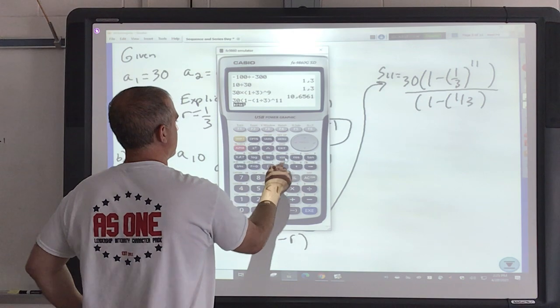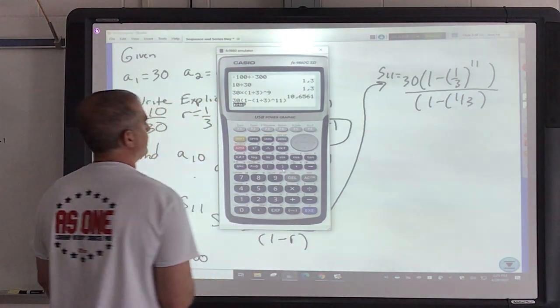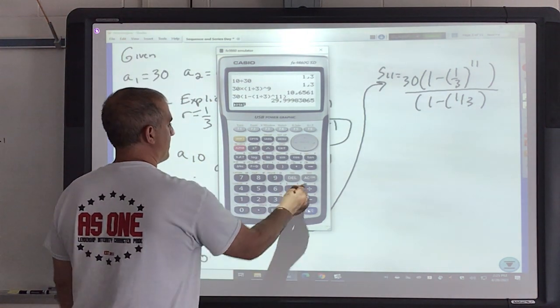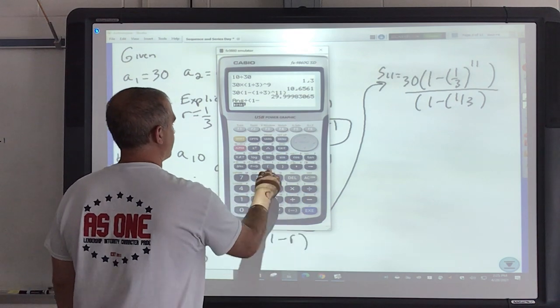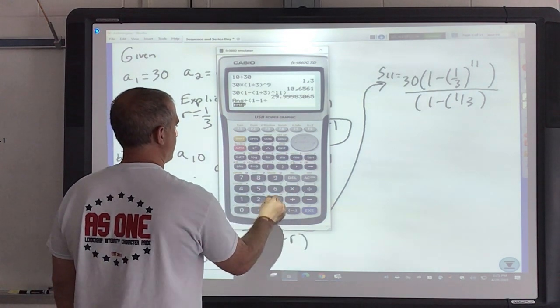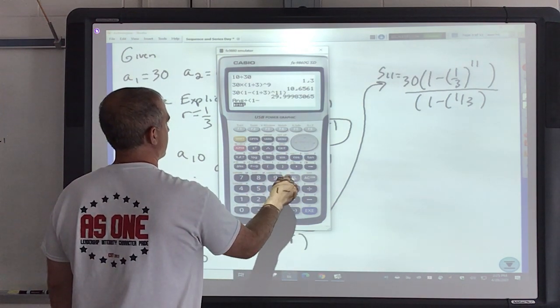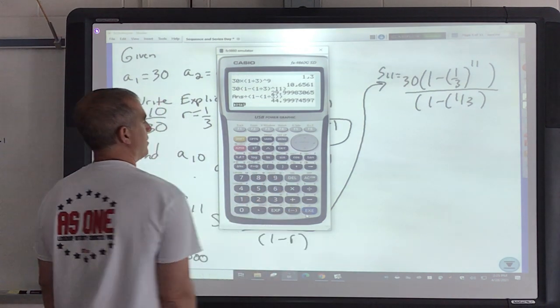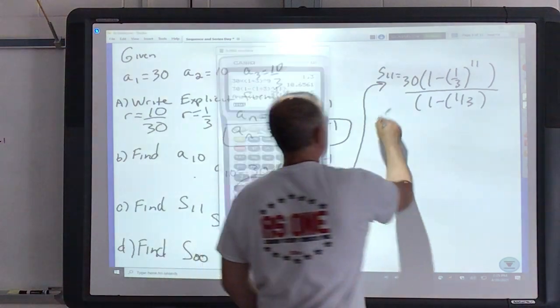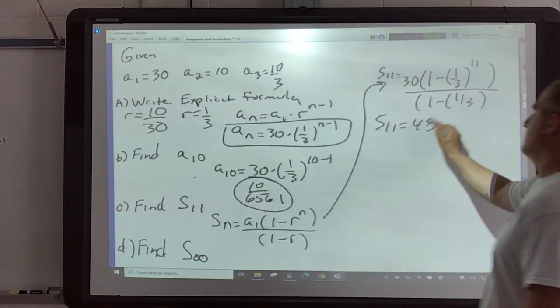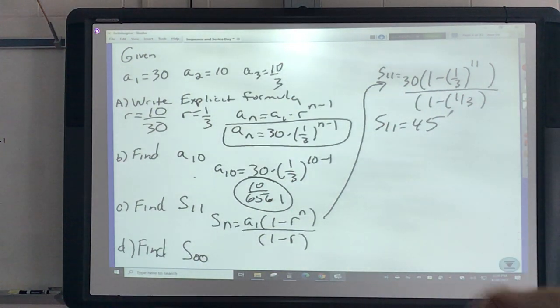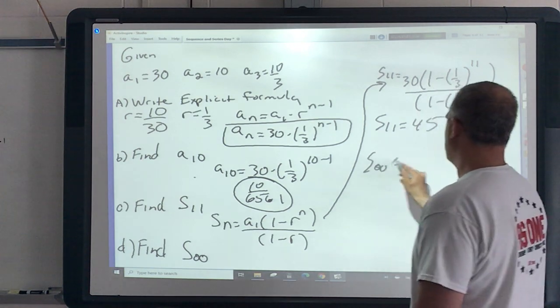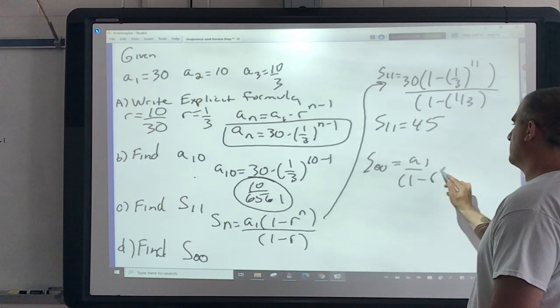Divided by 1 minus 1/3. Make sure you always put parentheses around your fraction. So I get about 45. Now find the infinite one. The infinite formula is this.